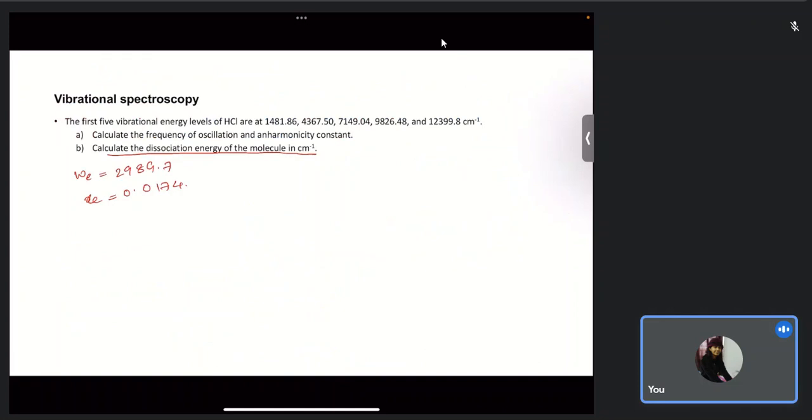So dissociation energy D0 is equal to dE minus E of 0, where dE is equal to omega E square divided by 4 omega E xc, and E of 0 is equal to omega E by 2 minus omega E xc by 4.